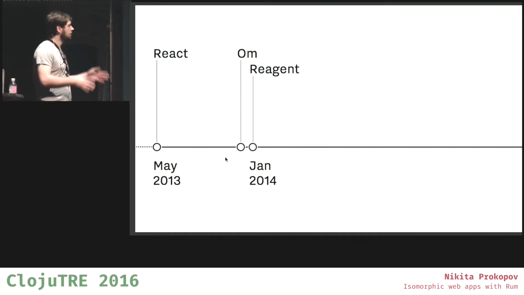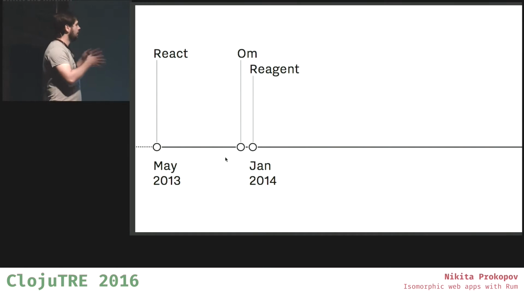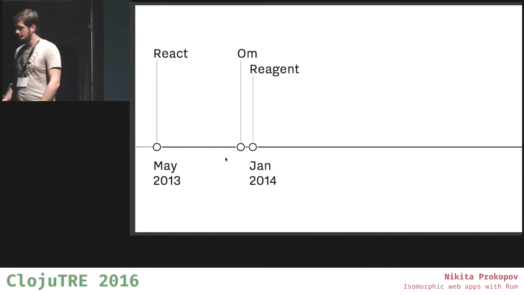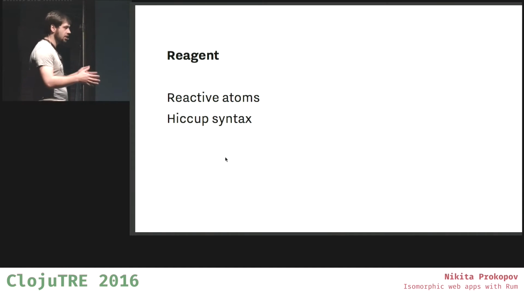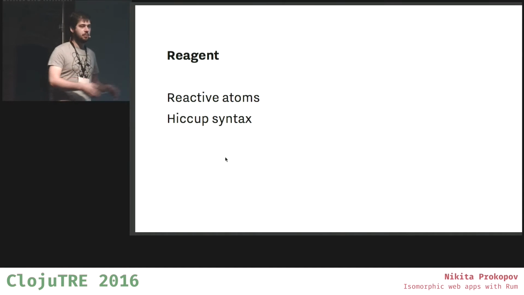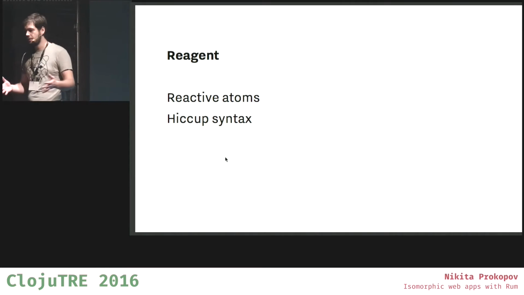But that was an interesting time because less than a month later, the first version of Reagent was released. It was called Cloact by then. And Reagent is also a ClojureScript wrapper around React.js, but based on a completely different set of ideas.